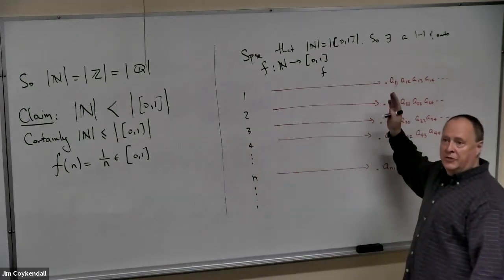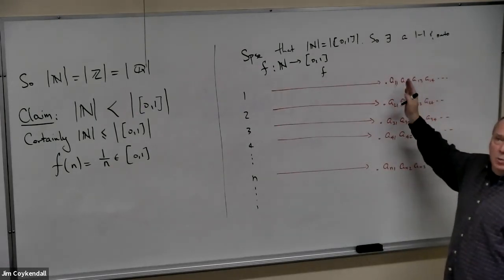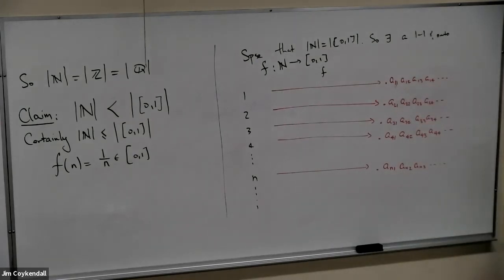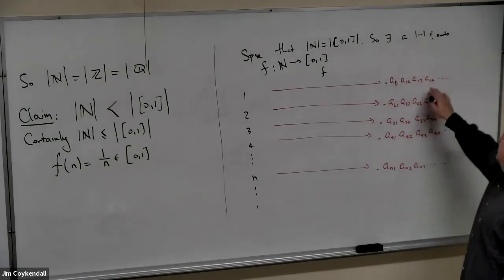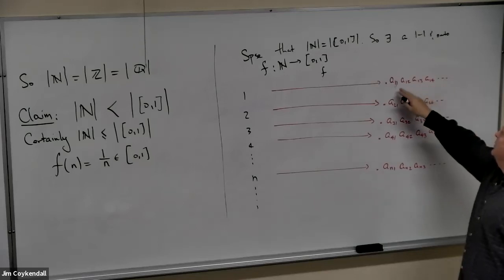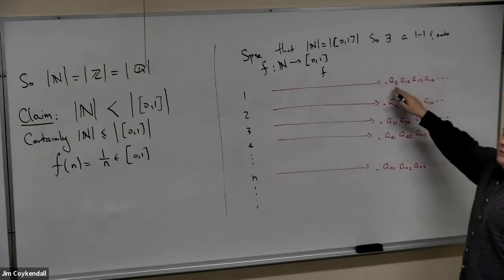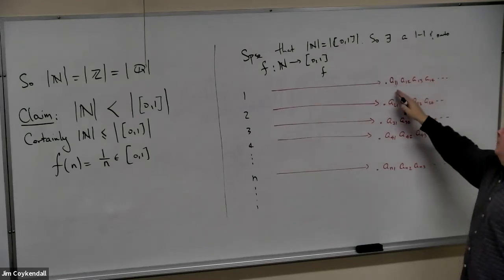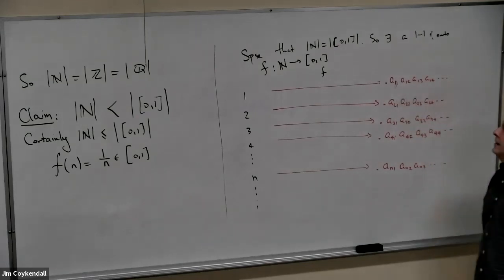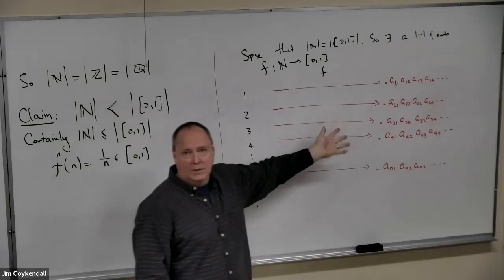For example, 0.09999 forever is the same thing as 0.10000 forever. So I'm just going to stick with one representation. Instead of ending in all zeros, if I have an option, I'll end in all 9s. So I'll never write 0.10000; I will prefer to write 0.099999.